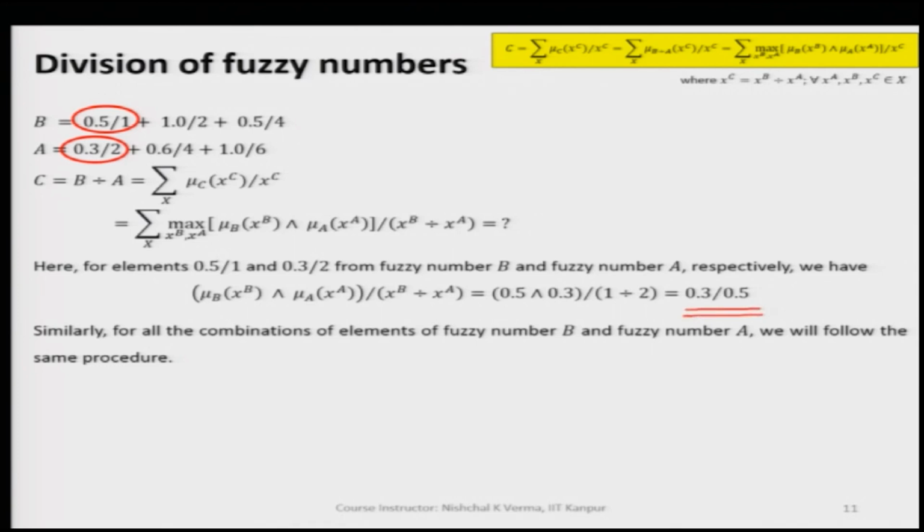If we do the same exercise here, we get the first element of the resultant fuzzy set as 0.3 over 0.5, and we know how we are getting this.